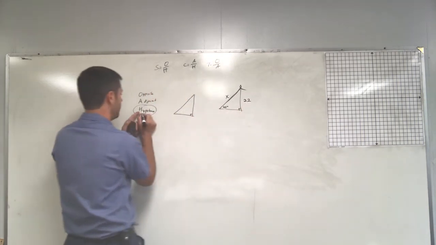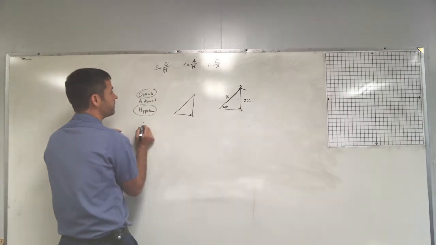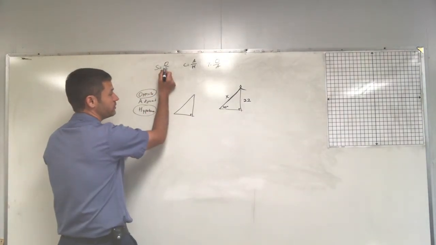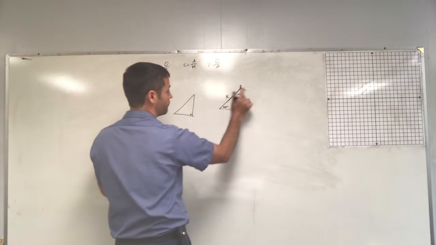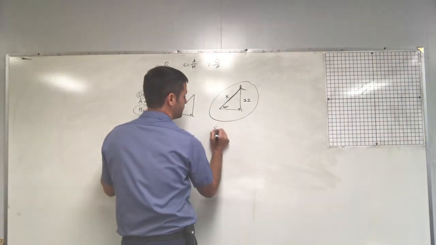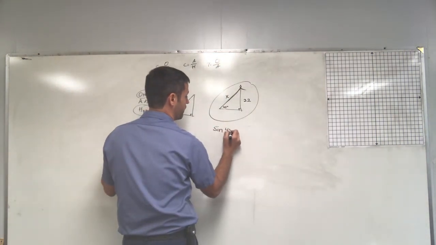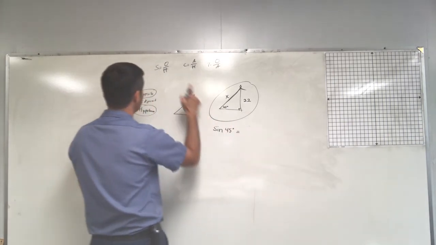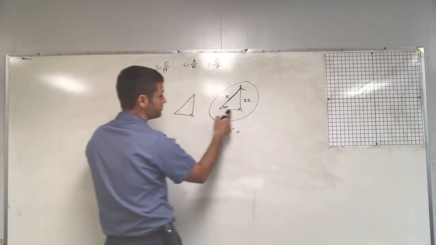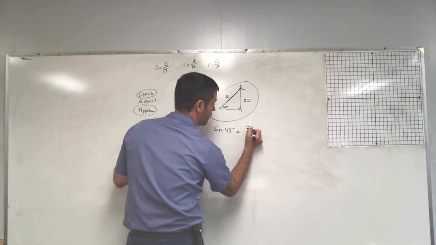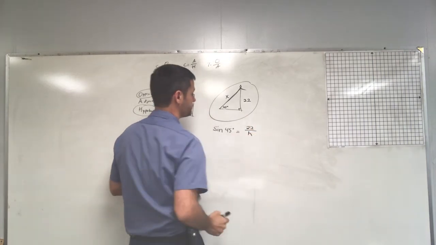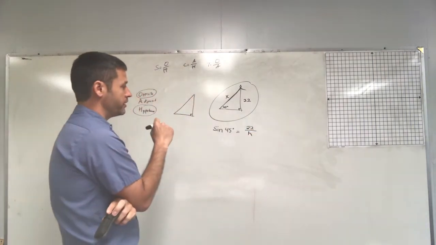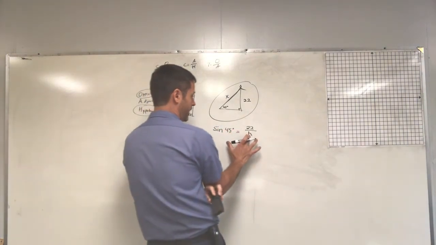So I need to find the H and the O, which is this first one. Then I can say, so for this triangle right here, the sine of 45 degrees is equal to opposite over hypotenuse. Opposite is 22, opposite over hypotenuse. Once you get there, you need to just solve for H.